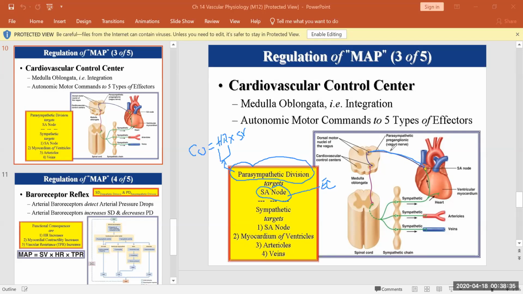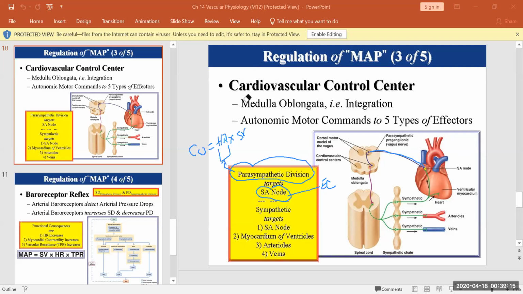Do you see that line going down into the myocardium anywhere? No. Because the parasympathetic division does not make contact, does not have a neuromuscular junction with the myocardium, with the cardiomyocyte, the actual cardiac muscle cell that contracts. Therefore, if it does not make contact with them, it cannot control them. Simple as that, right? So the parasympathetic division can only affect the rate of the heart, okay?